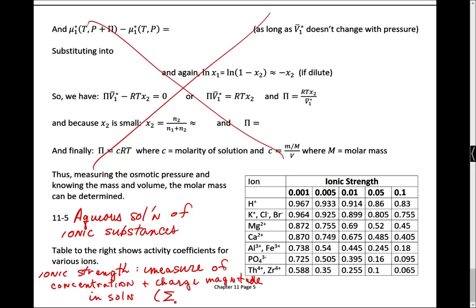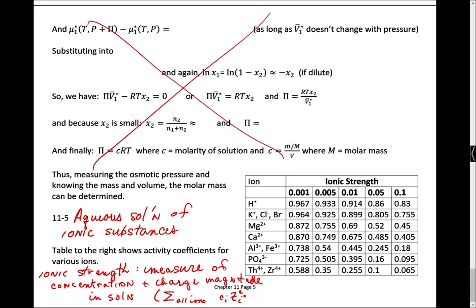All right, so it's basically going to be the summation over all the ions of the concentration of the ion times the charge of the ion squared. Okay? I'll close the parentheses in a second.